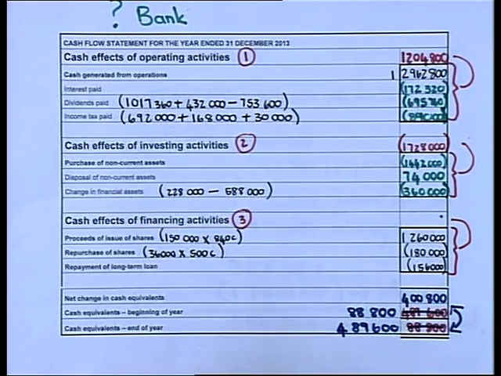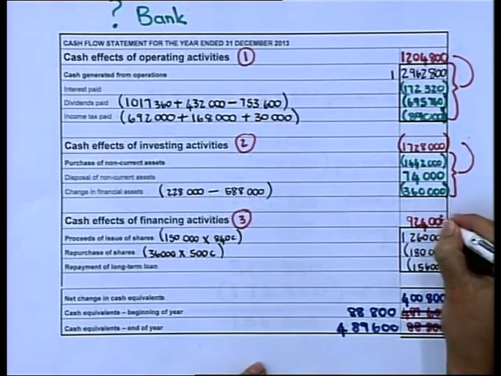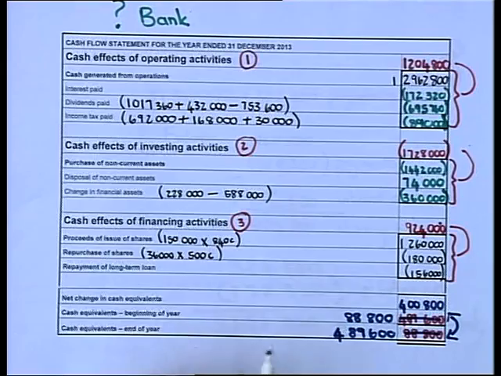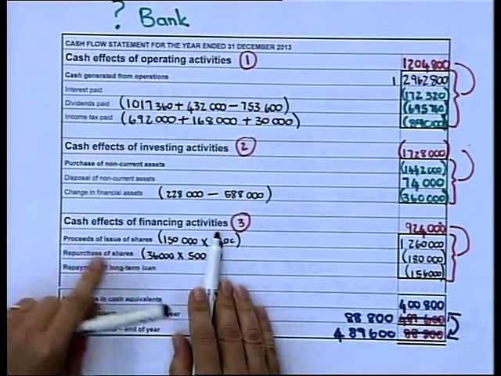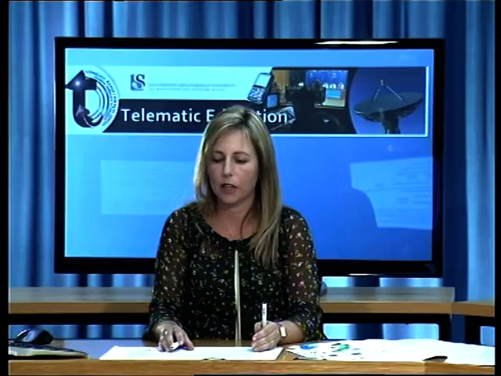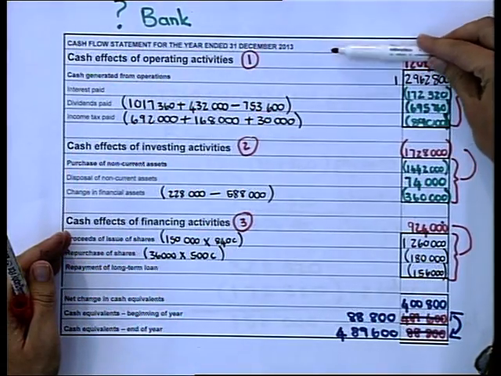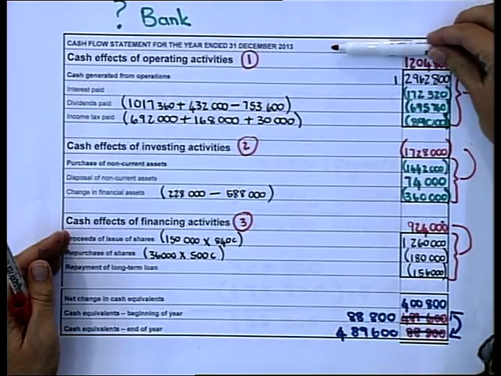That's 924,000 that came from cash effects from financing activities. Okay. What happened in the bank account of Derby Limited? First of all, in their normal operations, 1.2 million positive cash flow.